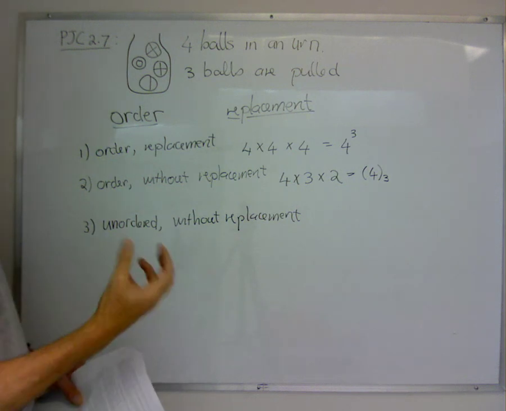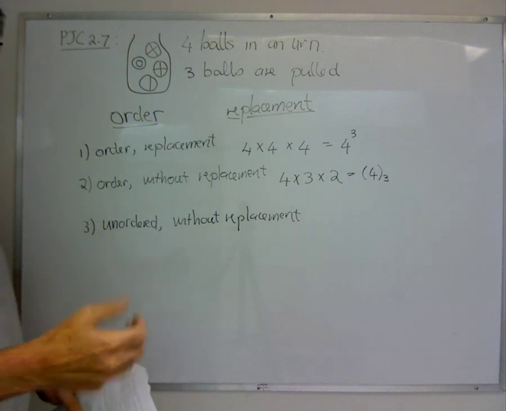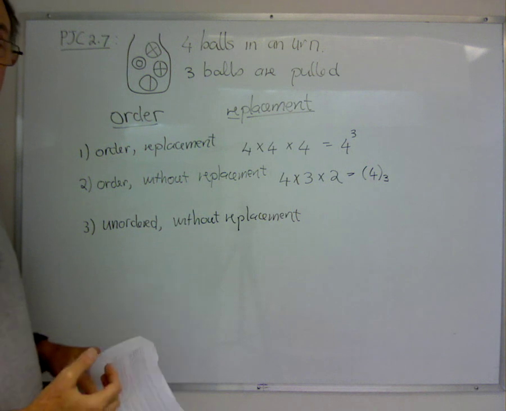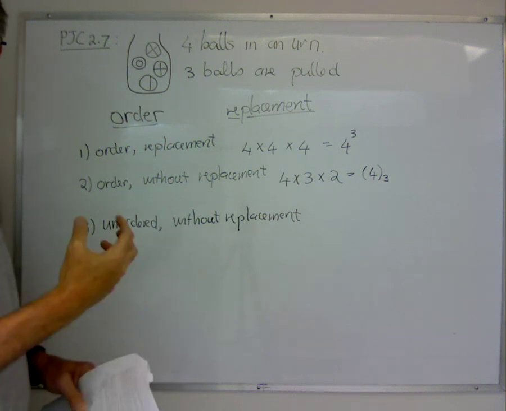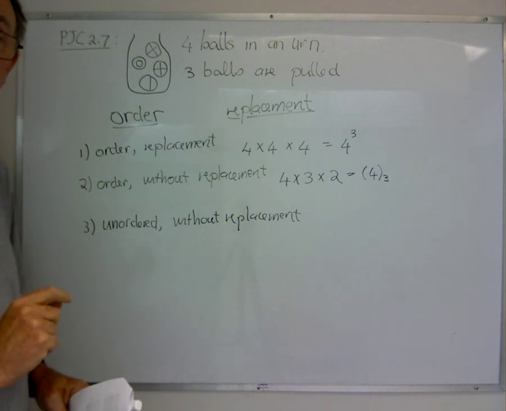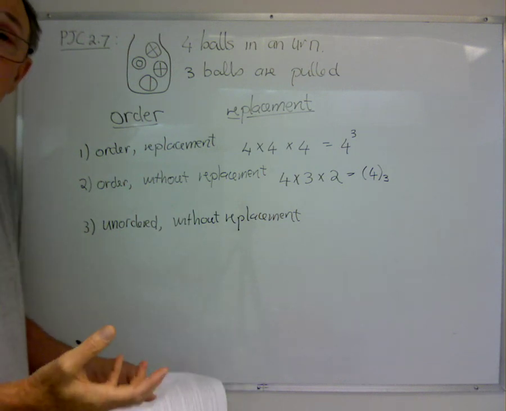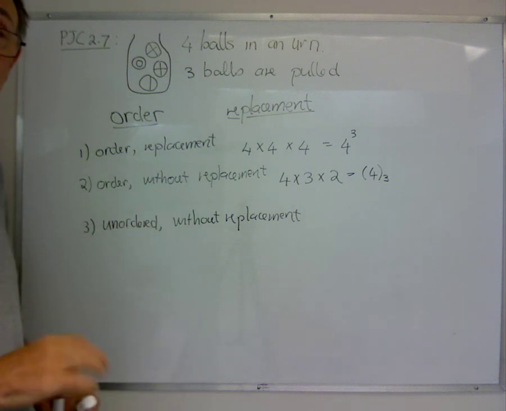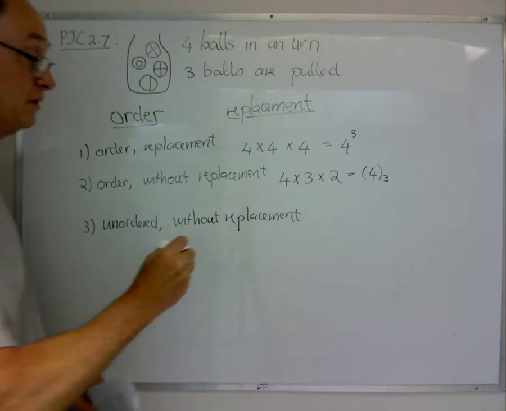If you have blue, green, yellow, and white balls, and you pull out 3 and the white one stays behind, then you know that you've pulled blue, green, and yellow. But there's only 4 choices for the ball that stays behind, and so there's only really 4 different outcomes you can obtain if you don't replace.